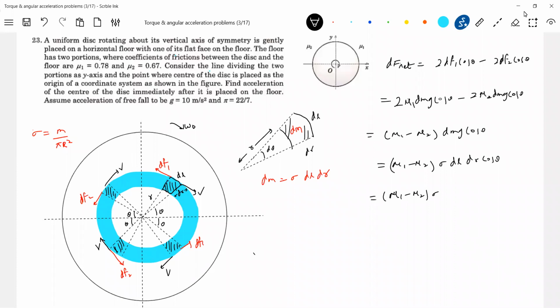What is dl? We can write it as r d theta, the arc length, since dr is very small. So this becomes mu1 minus mu2 sigma g r dr cos theta d theta.